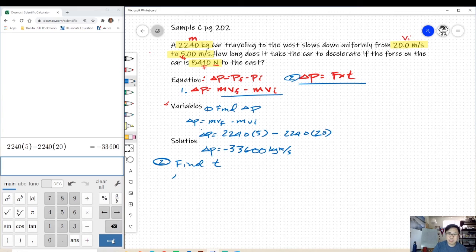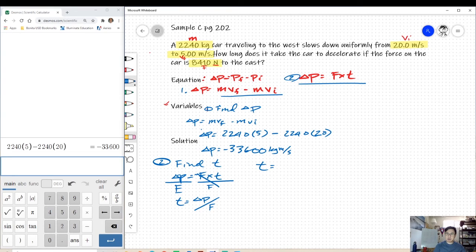So my equation is that impulse is equal to force times time. That means time is equal to, I'm just going to divide both of these by force, right? Forces cancel. That means time is equal to the impulse divided by the force. Seems easy enough, so I'm just going to plug in here.